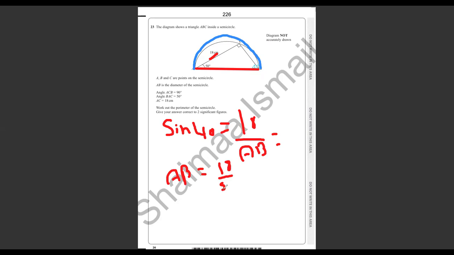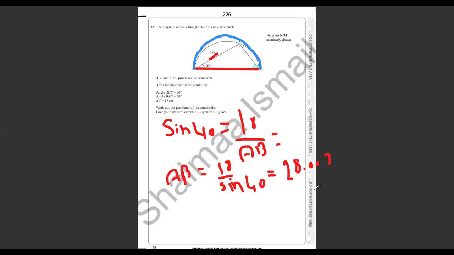It gives 28.003. Accept this. Okay, or 28, it's fine.